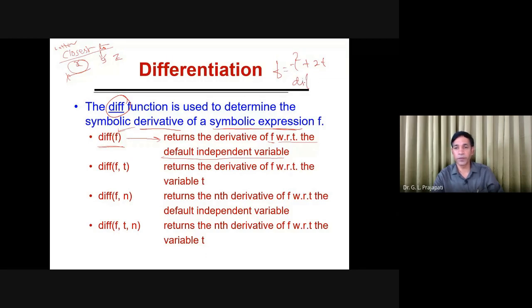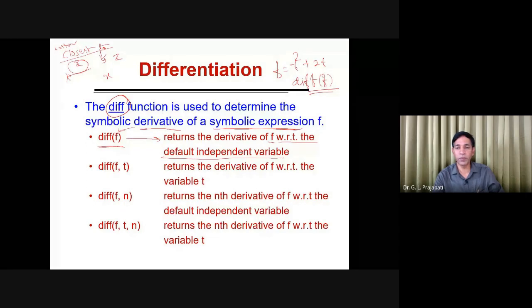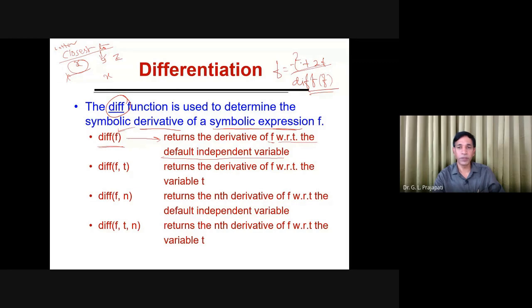If I say diff f, it is going to compute the derivative with respect to the independent variable. And the independent variable is what? x. It tries to find x, but x is not present. So which one is closest? Since there is only one variable in the equation, only the one t, this is the closest to x. So actually you are finding the derivative with respect to the variable t.